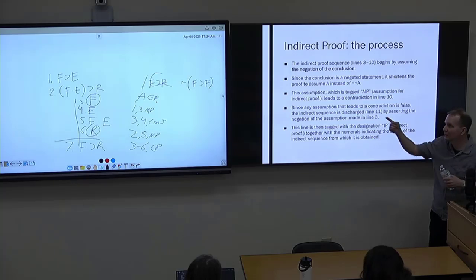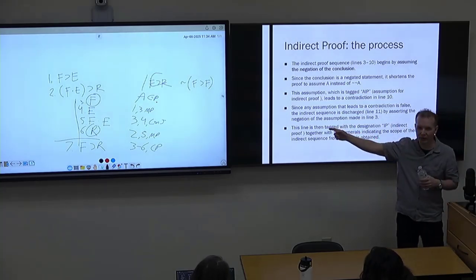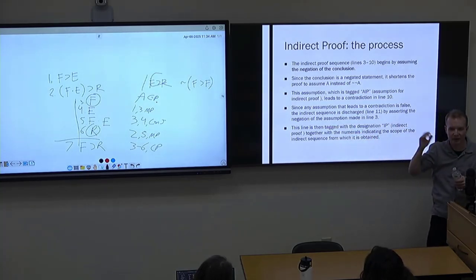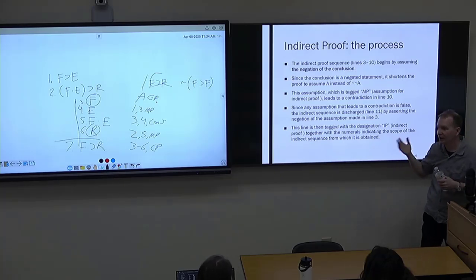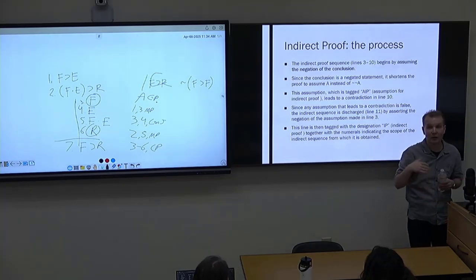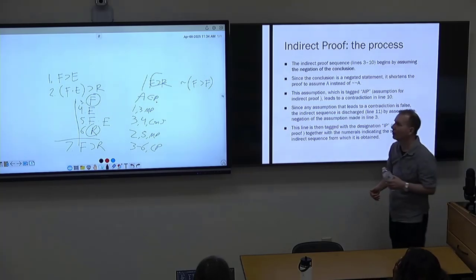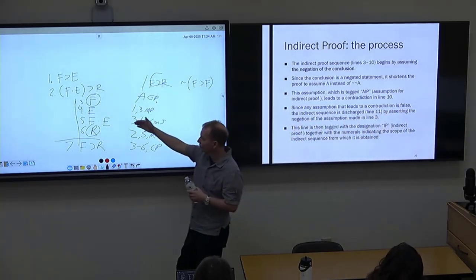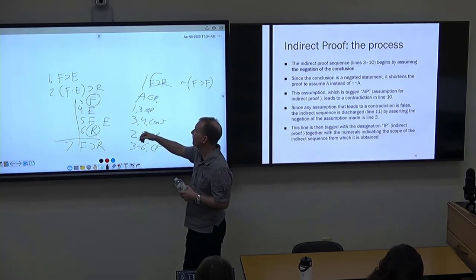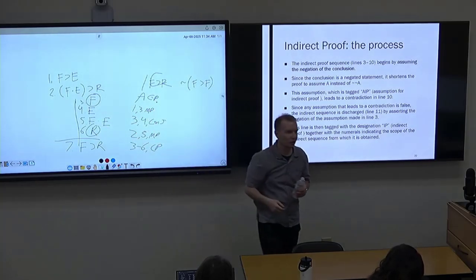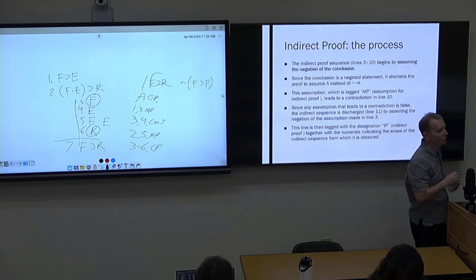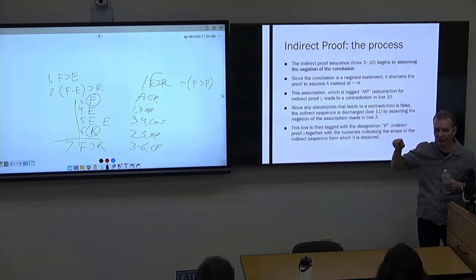If it's a conditional, the better way to go is the conditional proof. But if it is just one letter, the better way to go is indirect. I'm just showing the principle: you assume the negation of it on your sequence here, and instead of assume conditional proof, you write assume indirect proof, so AIP.